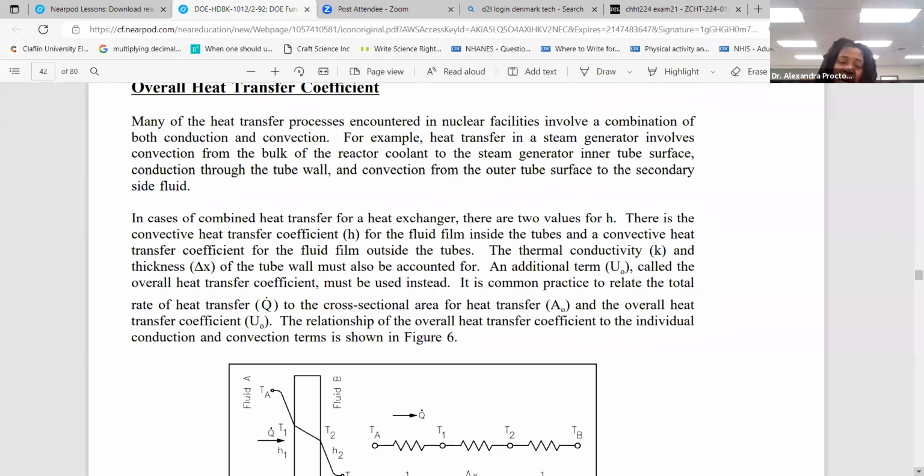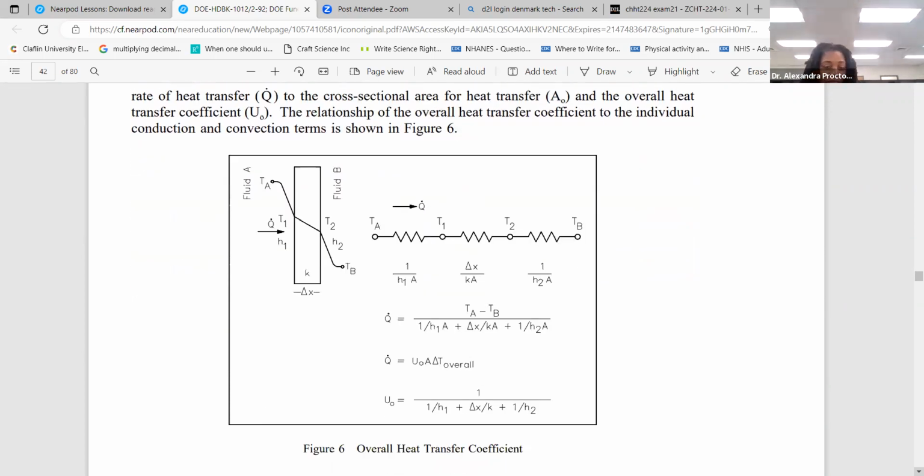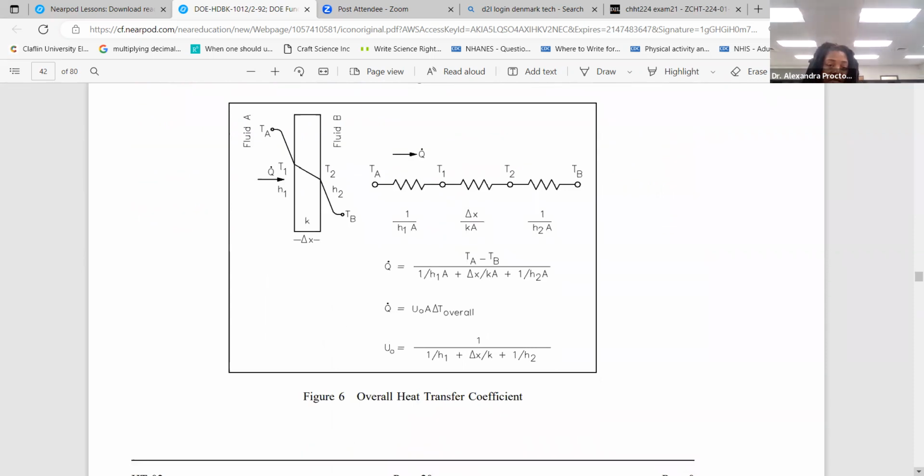It is common practice to relate the total heat transfer Q to the cross-sectional area for heat transfer A and the overall heat transfer coefficient U. The relationship of the overall heat transfer coefficient to the individual conduction and convection terms is shown in Figure 6.